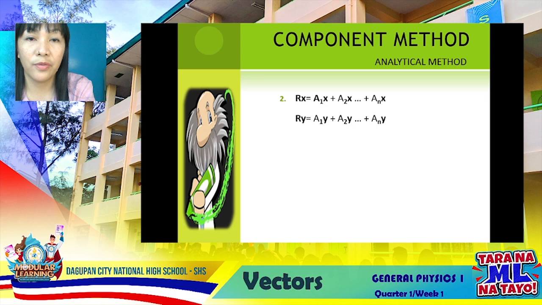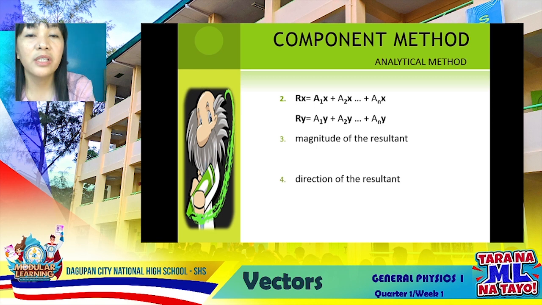Next step, we calculate the magnitude of the resultant and the direction of the vector sum using the Pythagorean theorem and the inverse trigonometric function tangent. So in here, to find the magnitude of the resultant, we use the Pythagorean theorem, wherein the formula is r equals the square root of r sub x quantity squared plus r sub y quantity squared.